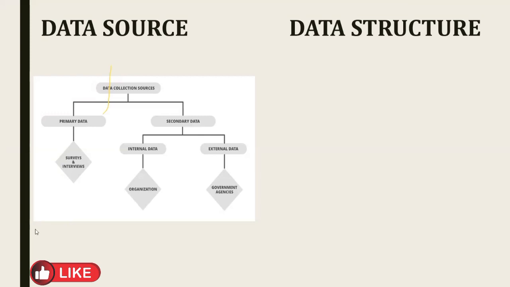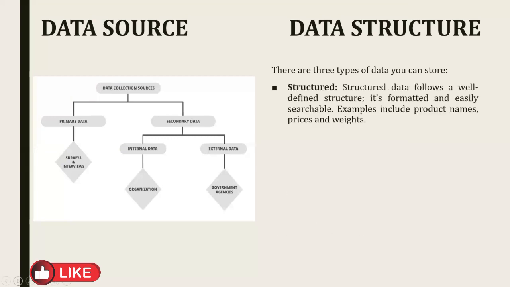So, data structure. There are three types of data that you can store. We've talked about qualitative before, but now we have structured data. It follows a well-defined structure. It's formatted and easily searchable.